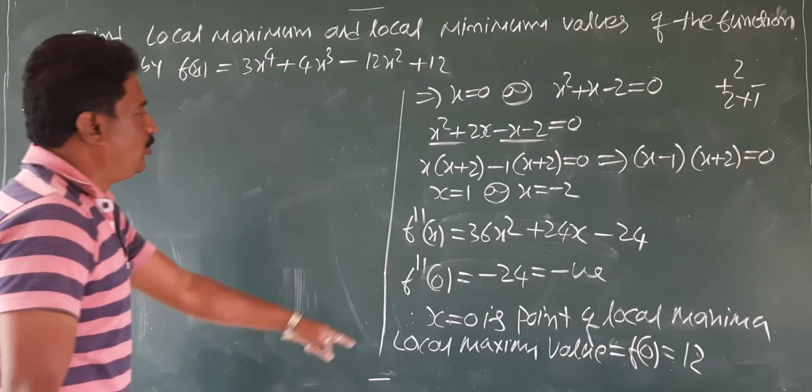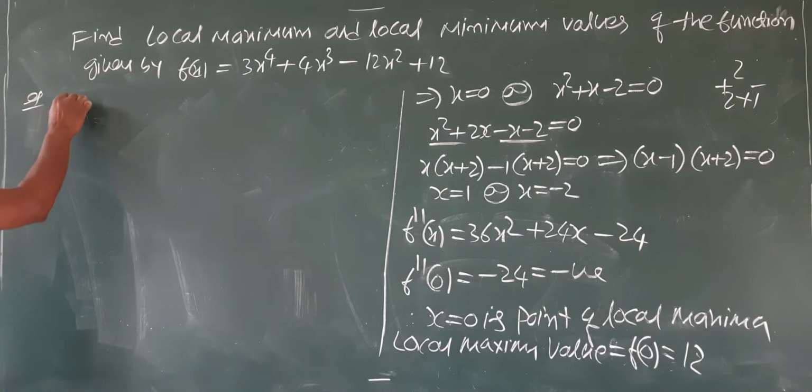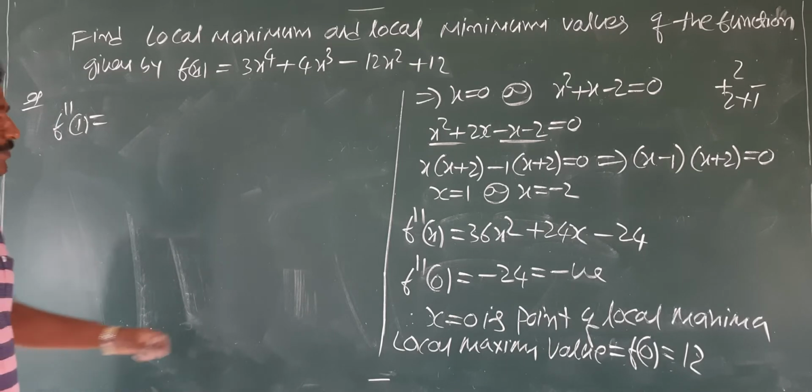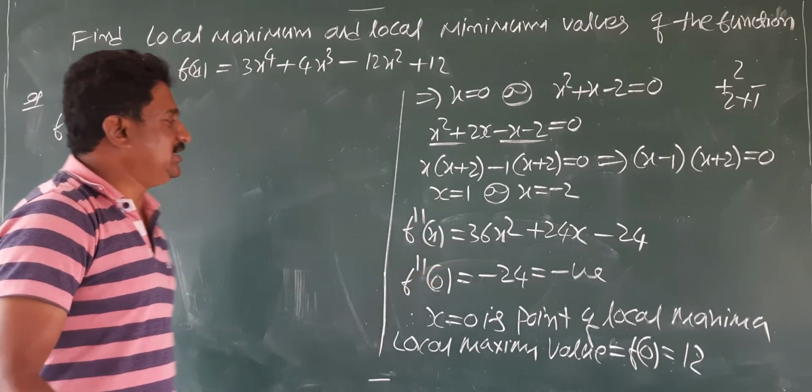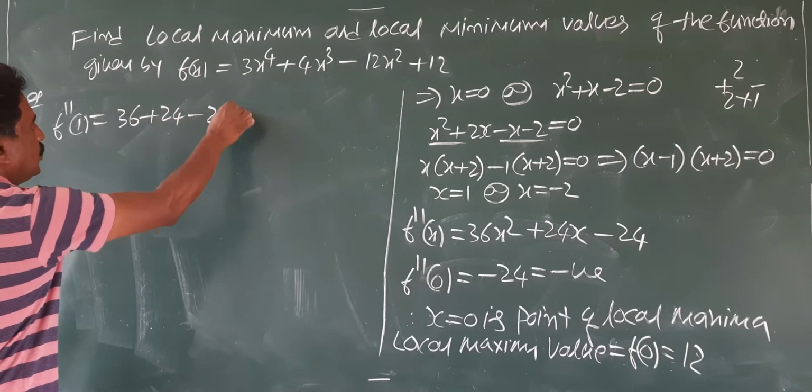Now let's go for one more point. x is equal to 1. So that is f''(1). f''(1) is 36 plus 24 minus 24.